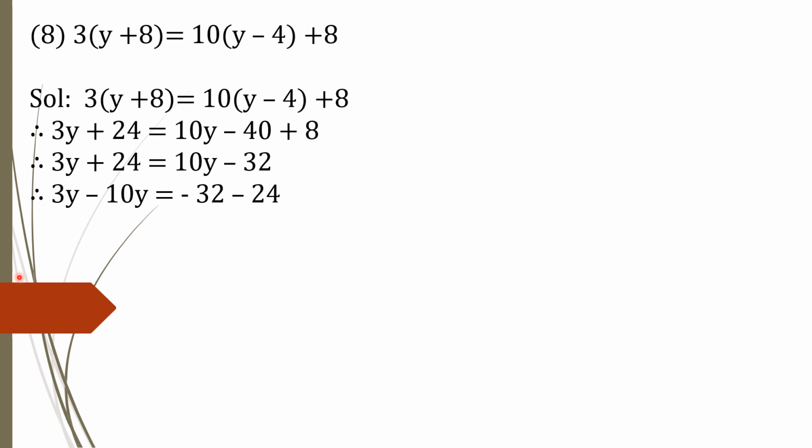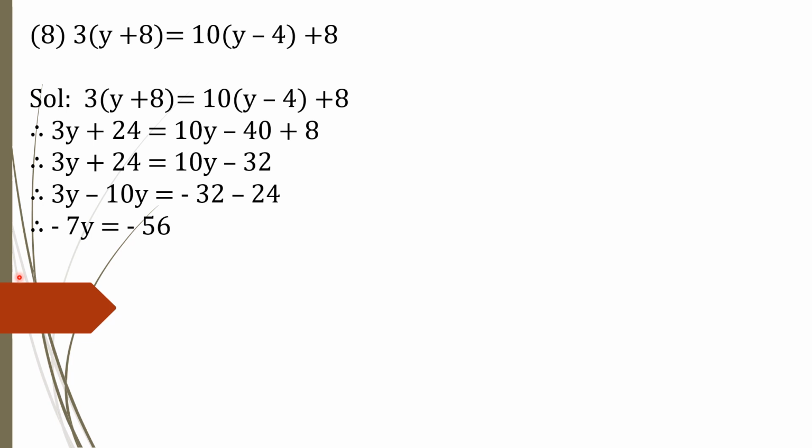That is 3y minus 10y. Both the coefficients have different signs, so subtraction of numbers will take place on the left hand side. So you'll get minus 7y. Therefore minus 7y equal to minus 32 minus 24. You'll add both the numbers as the sign is the same. So you'll get minus 56.